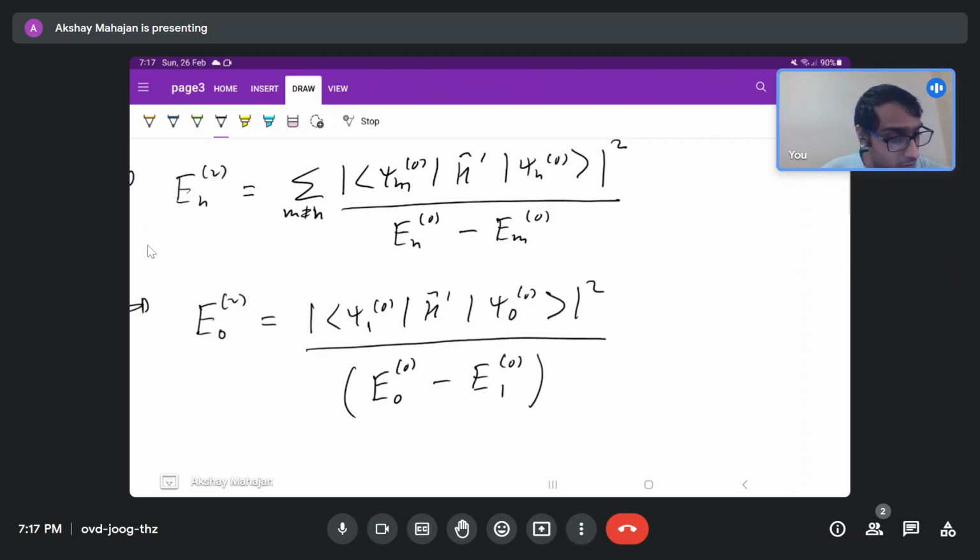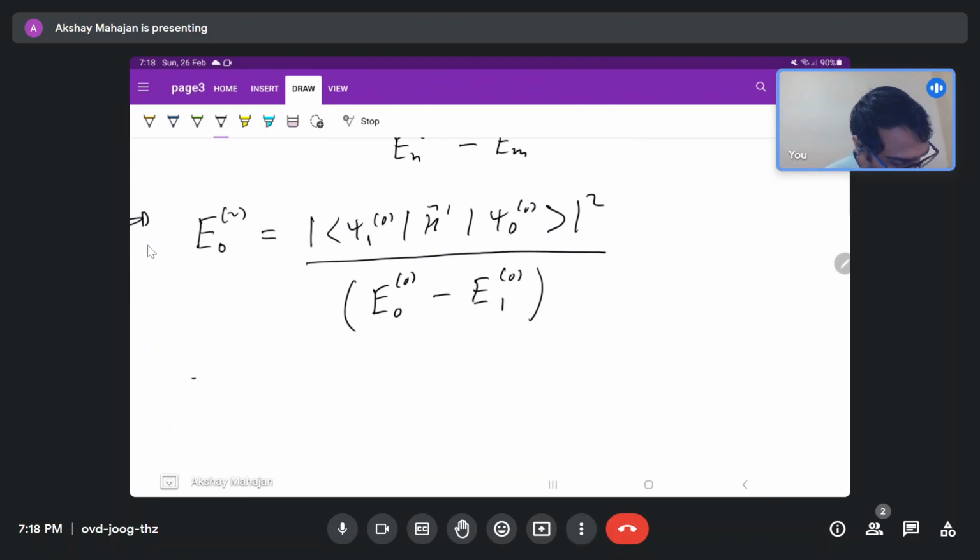Now we know that for the harmonic oscillator, E n is given by (n plus half) h cross omega.